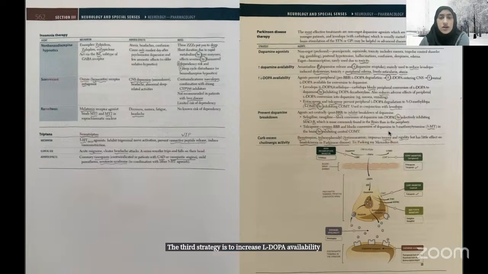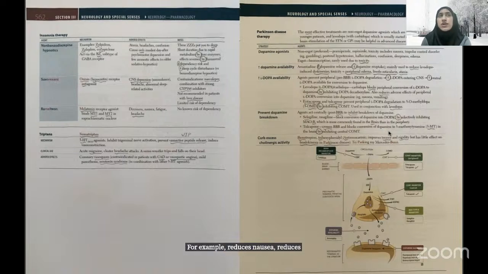Now here, the agents preferred are the peripheral agents. So you've got levodopa and carbidopa. Carbidopa blocks the peripheral conversion of L-DOPA to dopamine by inhibiting an enzyme, dopa decarboxylase. It also reduces adverse effects of peripheral L-DOPA conversion into dopamine, for example, it reduces nausea and vomiting.